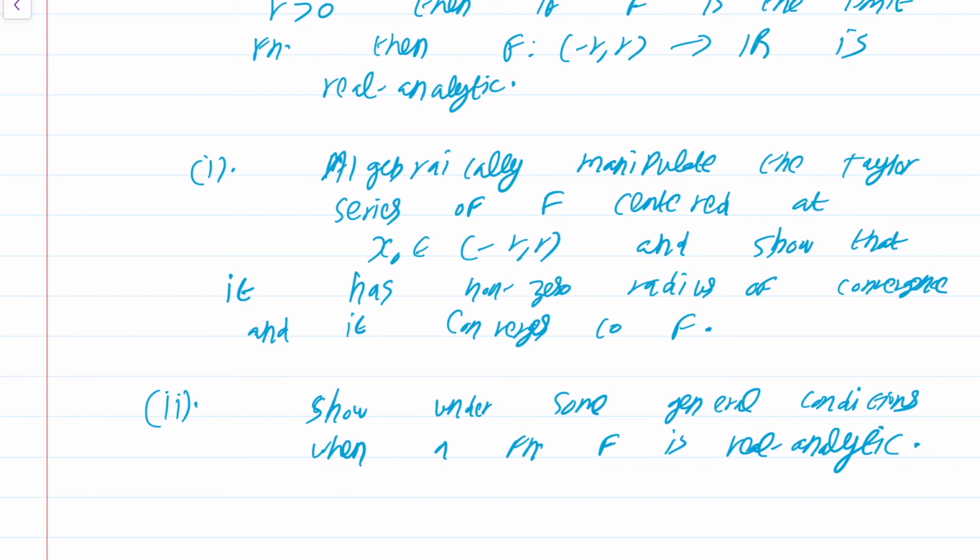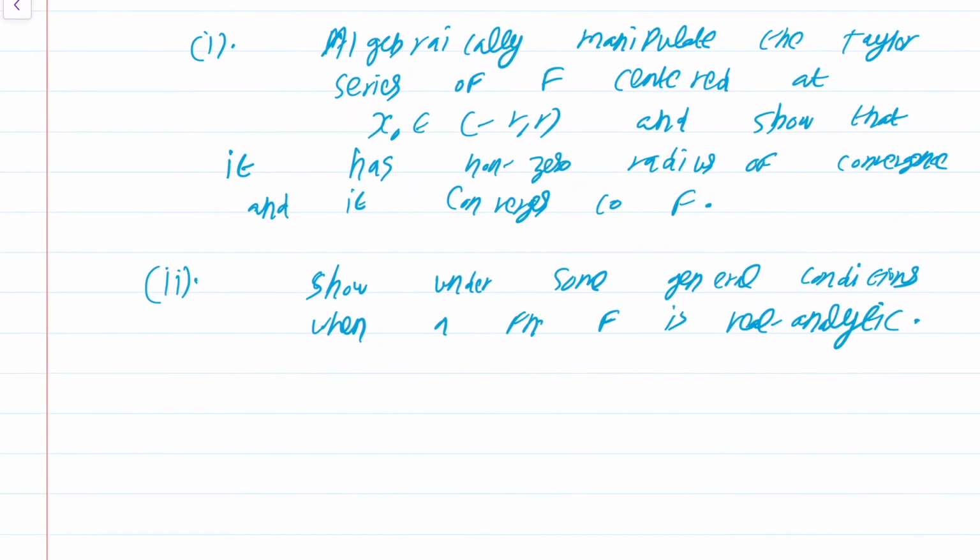Given a function f, can you determine whether it's real analytic or not in some other way? Essentially what you will be doing in this second line of attack is to show that there is a necessary and sufficient condition on the behavior of the derivatives. You can show that under an appropriate growth condition of the derivatives, the function f will be real analytic. Again, this proof is also a bit tricky.